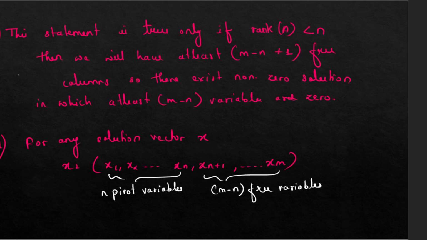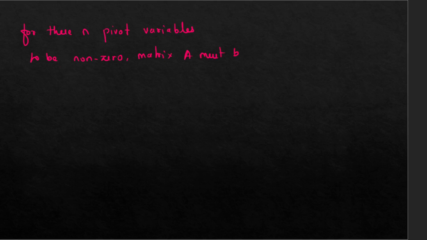Okay, so I will write the point on the next page, and I am writing this so that it can be useful for you all to note and you can learn from this. So for these n pivot variables to be non-zero, matrix A must have rank of A equals n.